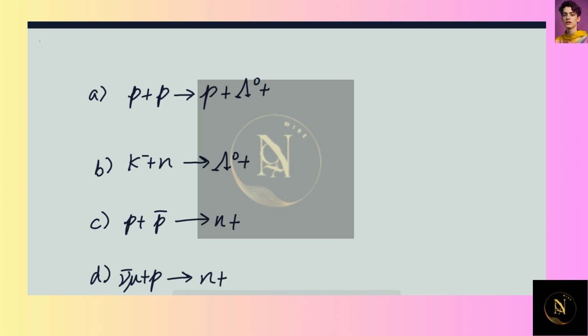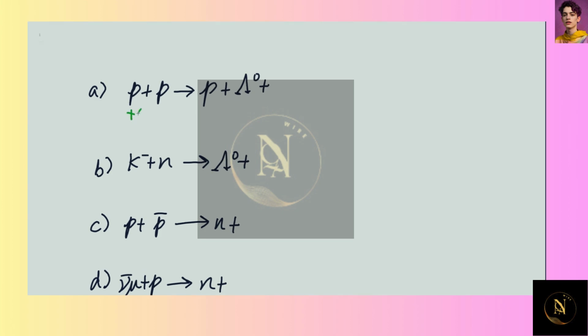So let's first try to find out what particle is missing for part A. For part A, we have proton, and let's try to identify the charge. Previously, we have charge +1, charge +1.